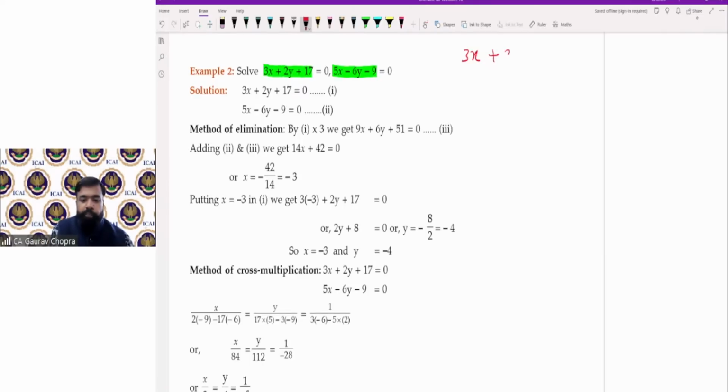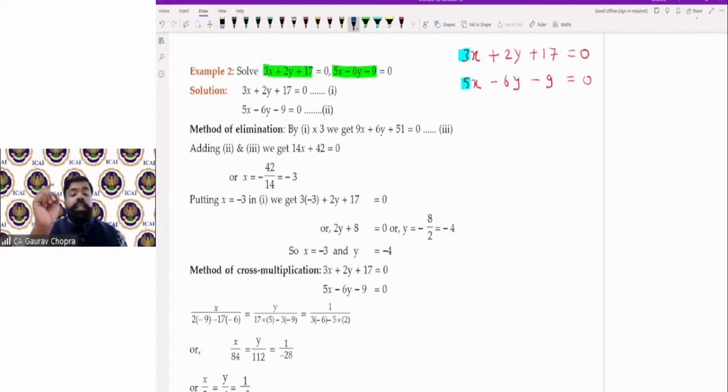So 3x plus 2y plus 17 equal to 0, the first one, and 5x minus 6y minus 9 equal to 0. This is the second one. Now, see what you have to do. Make the coefficient of x equal or y equal. Take any of the variable and make the coefficient equal. Let's say x.